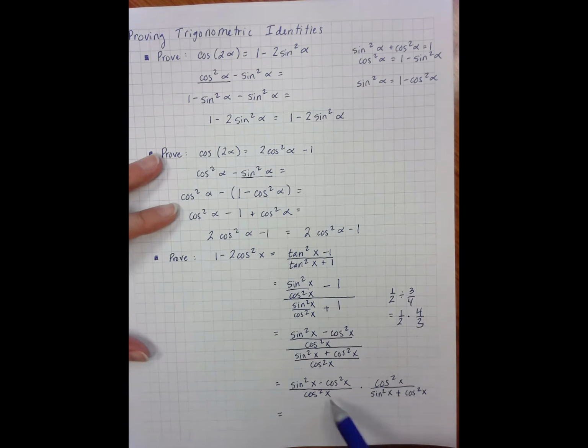And so multiplying these, I can see that my cosine squared x's cancel, and I'm left with sine squared x minus cosine squared x all over sine squared x plus cosine squared x.